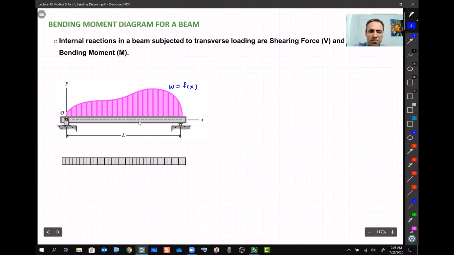But in this course, we typically just study distributed loads that are either constant, like a rectangular shape, or linear, which is more like a triangular shape. So this f(x) is a simple version.